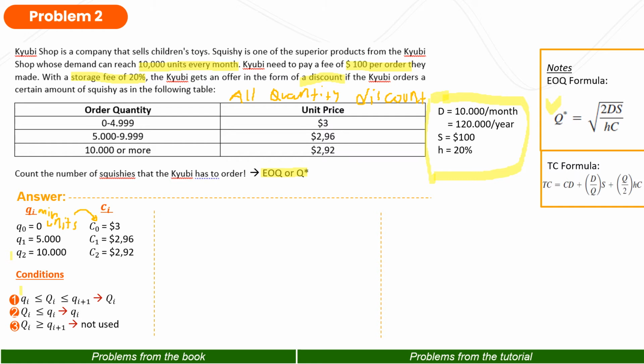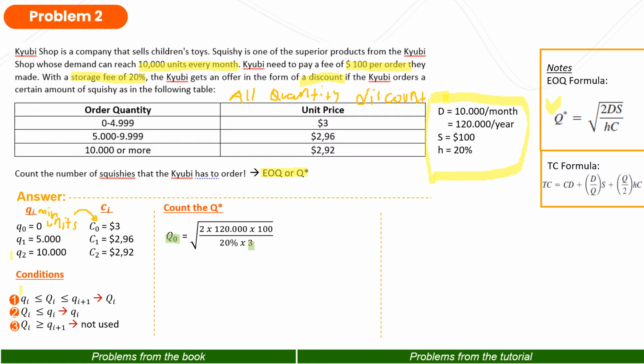So we just move to the next step. The next step is we compute the Q star. For Q0, the formula is the same as before.